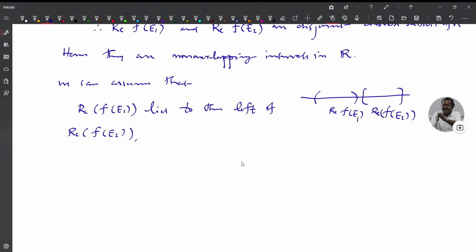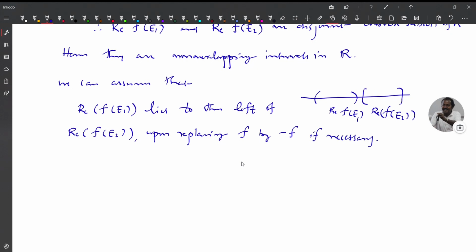If it does not happen, you can replace f by minus f, if necessary.